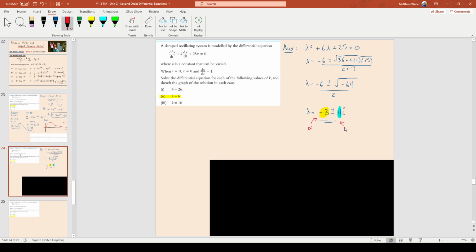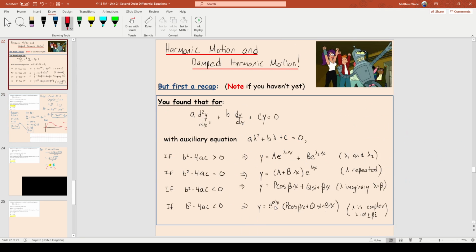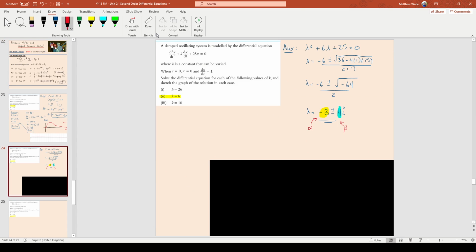Now, here we go. Into our general form. You know that the general form is this, okay? The real part touches the x, and the beta part is what's inside the trig. So let's do it.